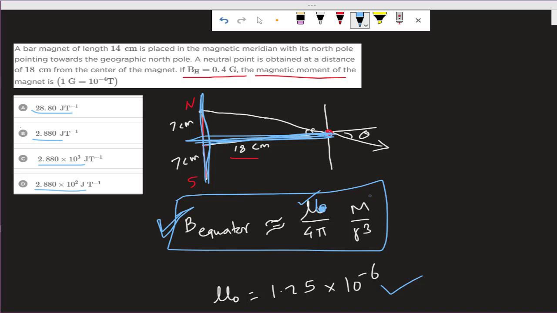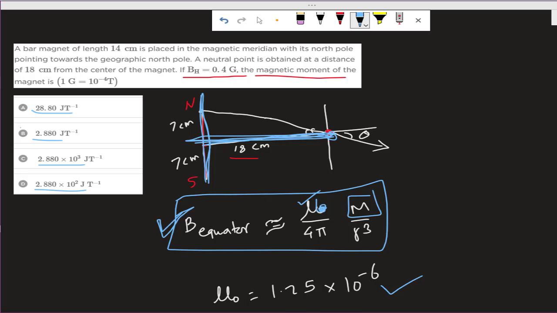And what we have to calculate here is M, right? The magnetic moment or the magnetic dipole moment. The magnetic field is given by the formula mu 0 upon 4 pi into M divided by R cube. R is the distance between the center of the magnet and the point where we want to find the magnetic field.